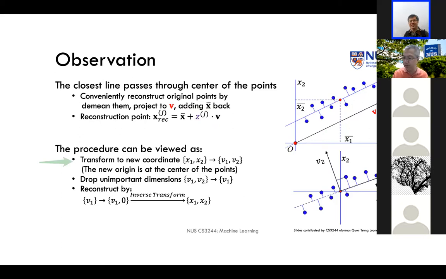So we might throw away V2, so this dimension over here we're just going to discard. And then we'll have everything on the flat line of V1, and then we can construct it by an inverse transformation, by using the reconstructed data formula up here, okay?